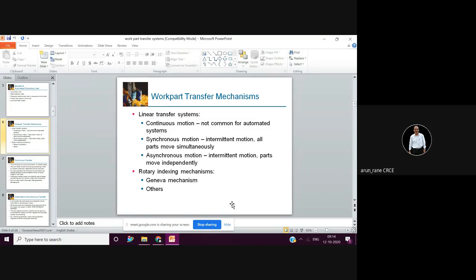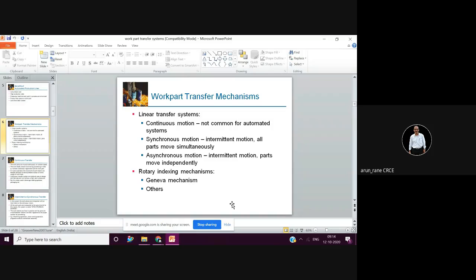So suppose we have space constraints. Before you design these transfer lines, you have to carefully study the layout. The layout study is very important. If you have a long space in a straight line, then you can go for a linear transfer system.